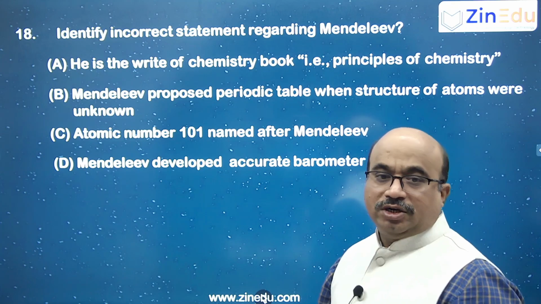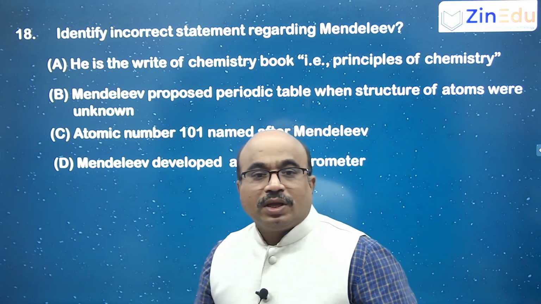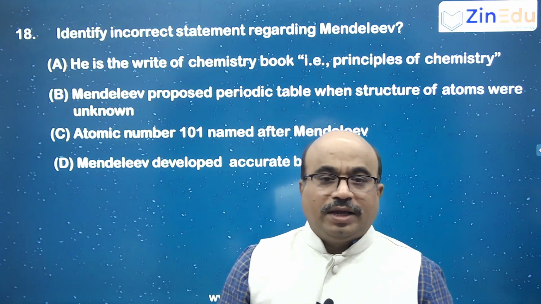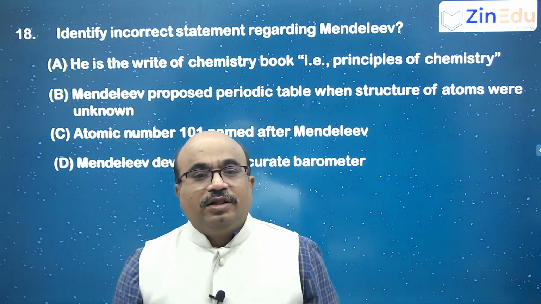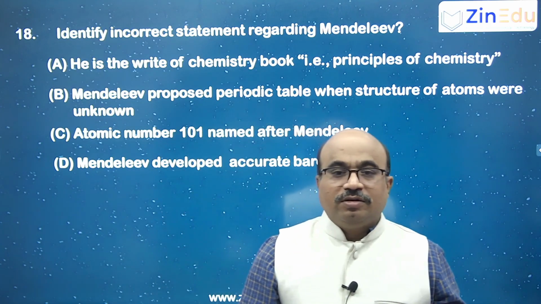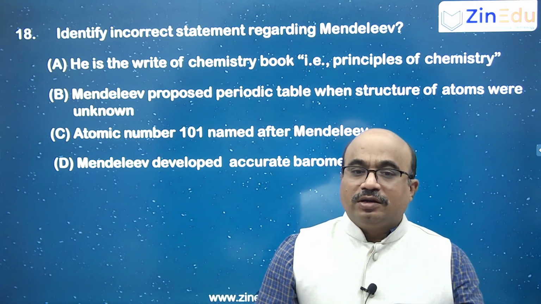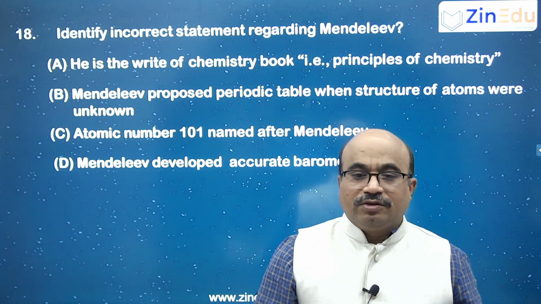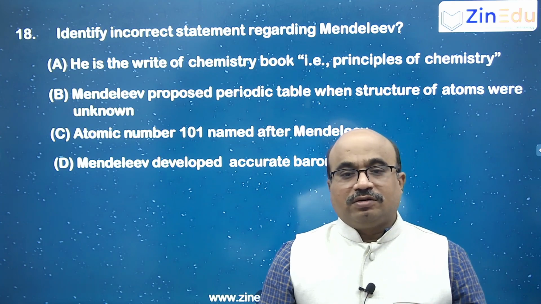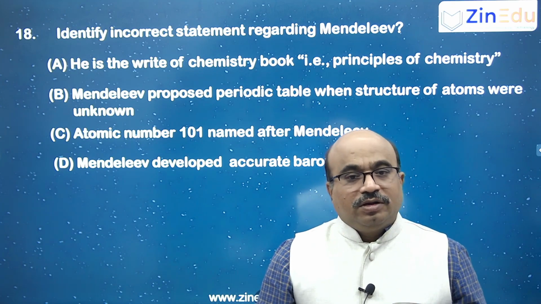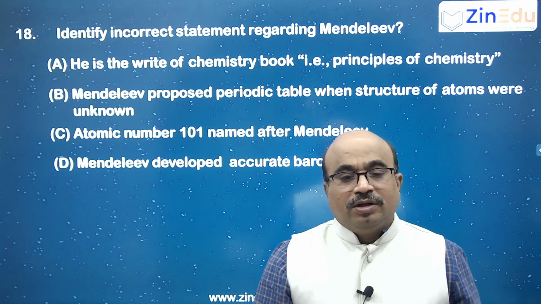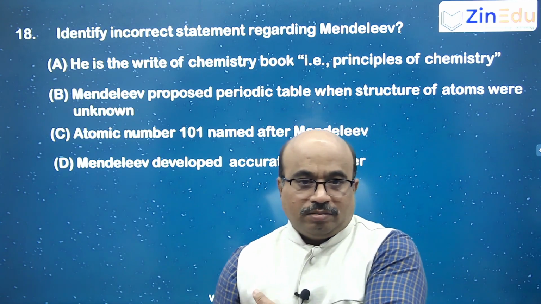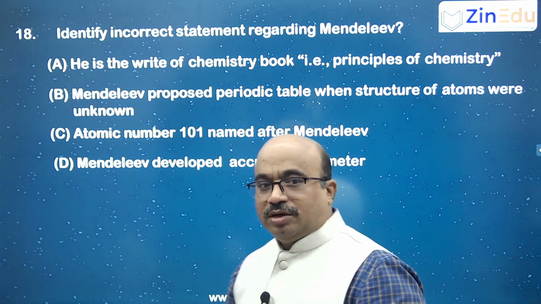Identify the incorrect statement regarding Mendeleev. He wrote a book like Principles of Chemistry, which is not correct, and it is based directly on the Mendeleev periodic table. Without knowing the electronic configuration, without knowing the structure of the atoms, he used the properties of the elements, like atomic mass.